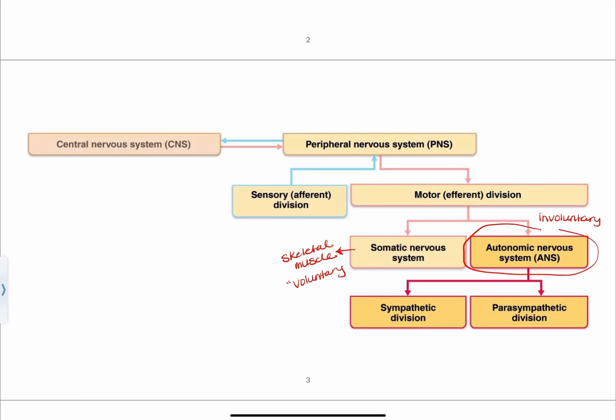We are going to be doing some comparisons between the somatic nervous system and autonomic nervous system. So as we get to those topics, I'll brush you back up on the topics that you need to remember. So our autonomic nervous system is broken down further into two subdivisions, and that would be our sympathetic division, which is our fight or flight division, and our parasympathetic division, which is considered our rest and digest division.